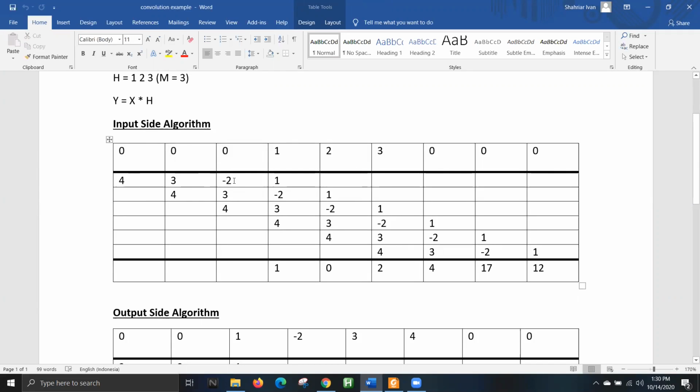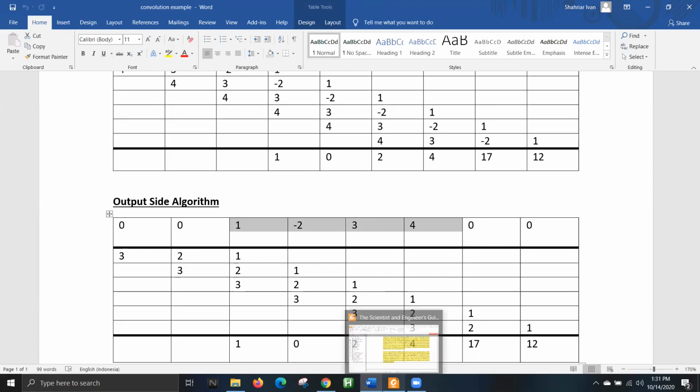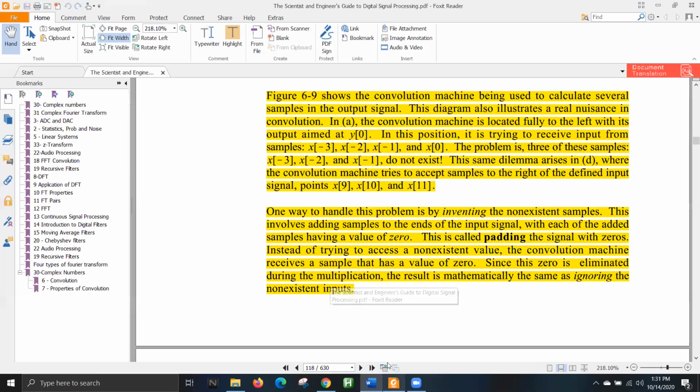Some of the values will line up with values that do not exist in your signal. For example, here these values do not exist inside the impulse response, and here these values do not exist in the input signal. So in either case, there will be some non-existent values. How do we tackle this problem?